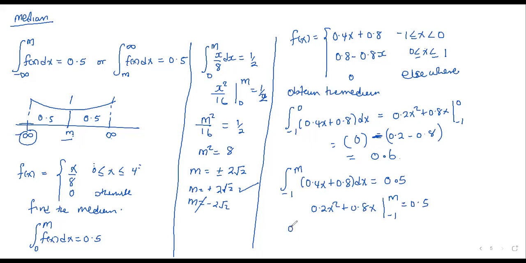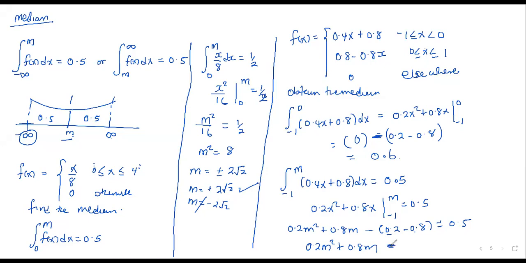I will have 0.2 m squared plus 0.8 m minus 0.2 minus 0.8 is equal to 0.5. I've substituted -1, I'll get -0.6, which gives me a positive. So 0.2 m squared plus 0.8 m is equal to, if this is a positive, it crosses over and becomes a negative.